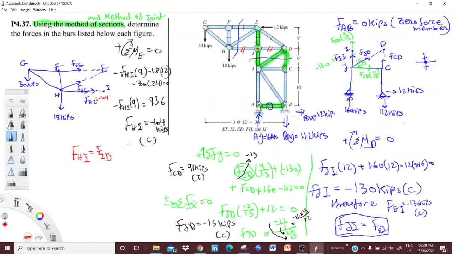So it is negative 104 kips, compression. So we found HI. Let's mark it with green. I found HI, and I found ID.